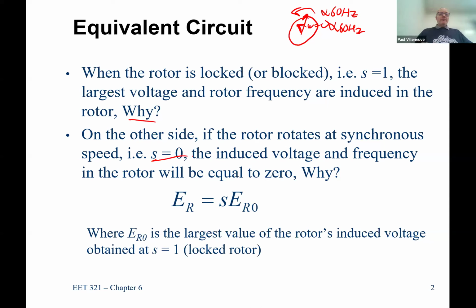So let's go ahead and develop a voltage, and we probably have some ability to detect or measure this. And this is going to be our ER0, which is our worst case locked rotor voltage. And we're going to assume that as our slip changes, as it decreases from 1 to 0, our voltage is going to drop proportionally.